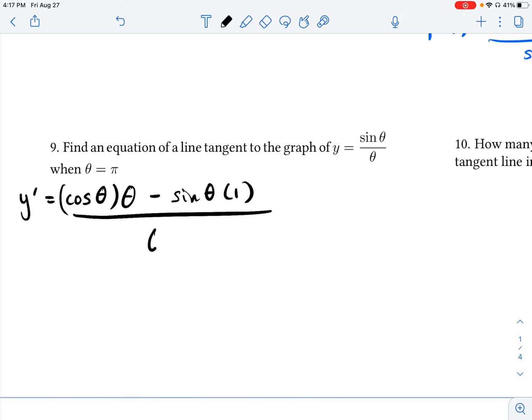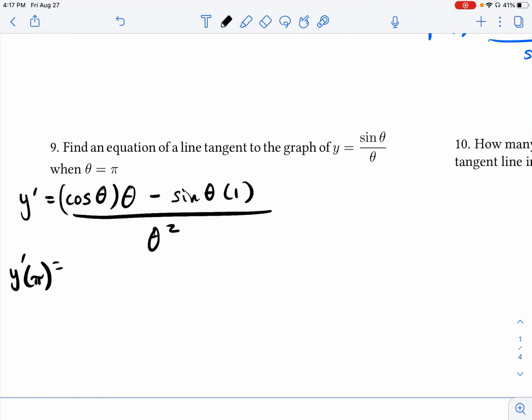And all of this is over theta squared. Let's clean this up because we're going to actually need to use this. So actually, we can just jump to it as it is. Let's evaluate this derivative now at pi, because we need to know the specific slope at pi using this derivative.